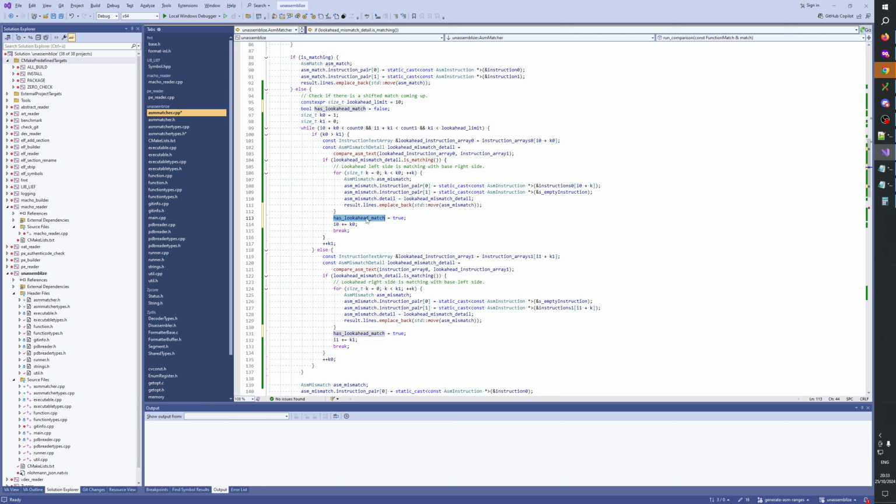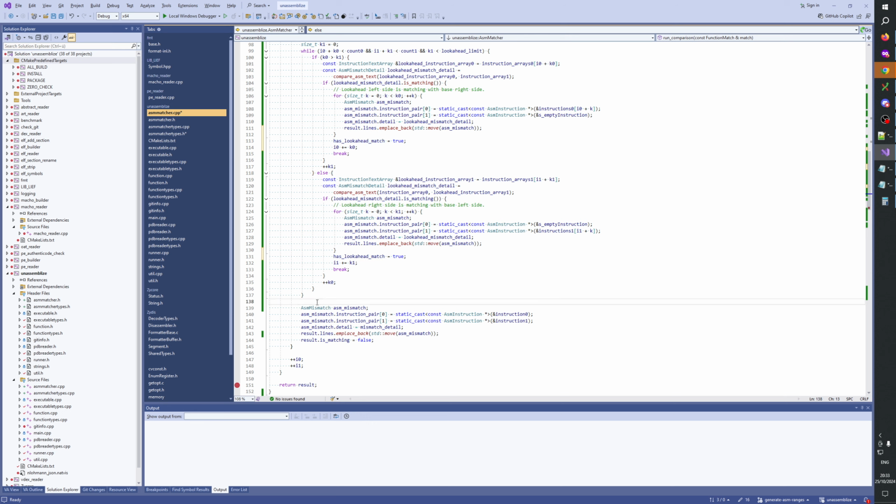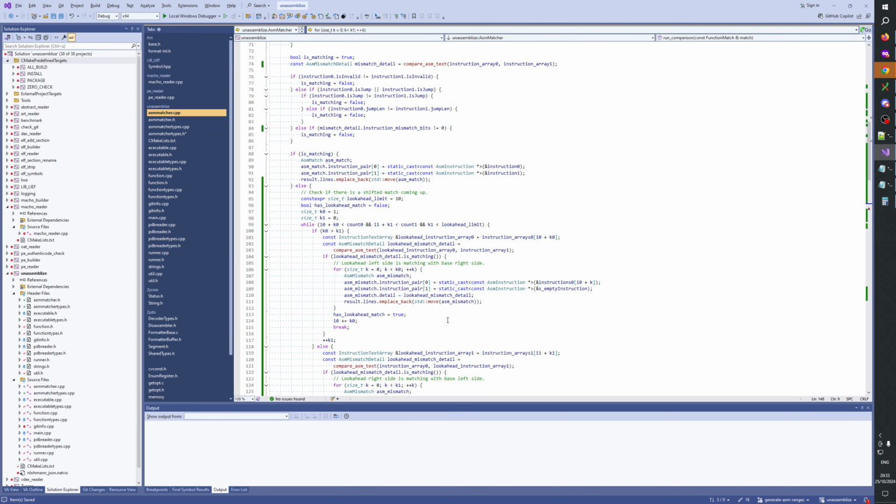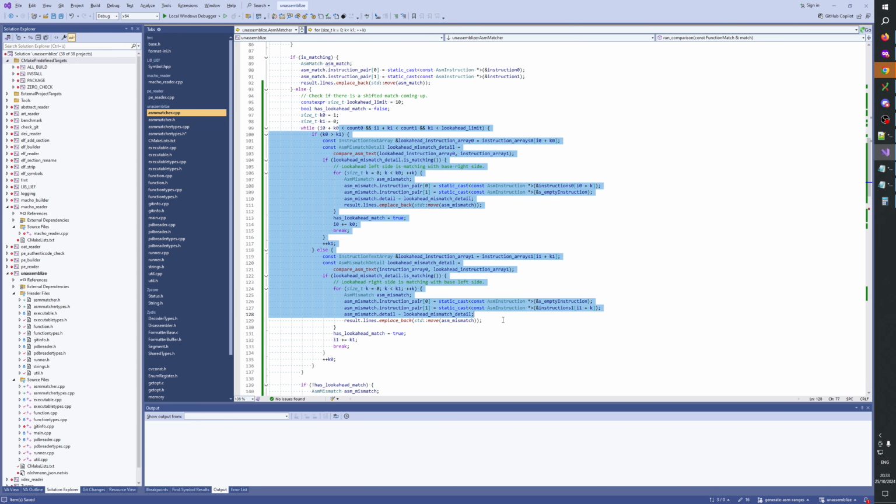No, I think this is robust. Okay, and then if it didn't have a look ahead match, then we append this here. Oof. I said this is quite complicated here.